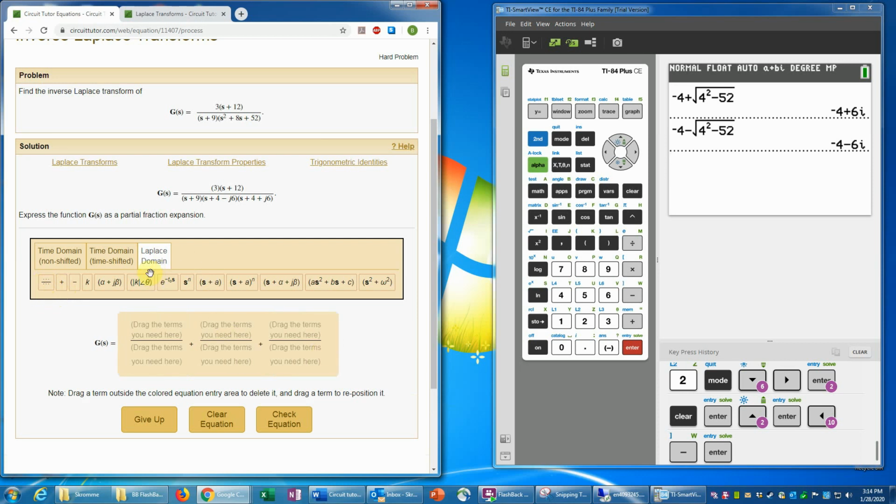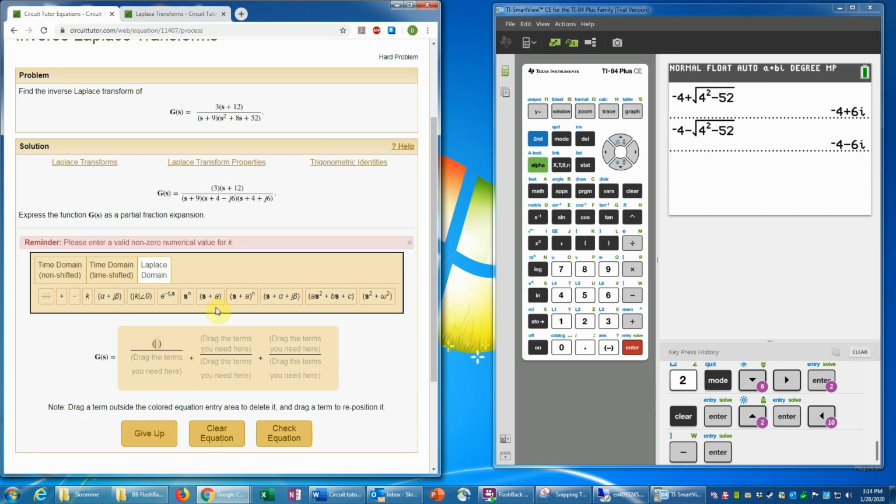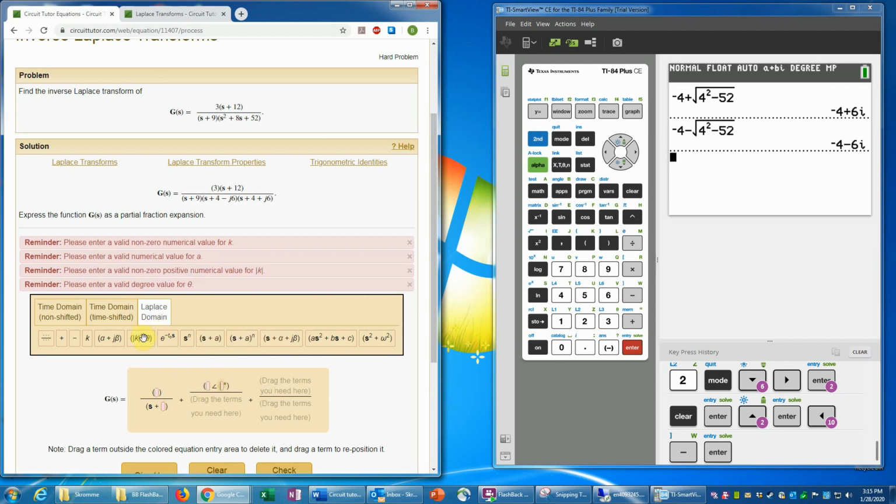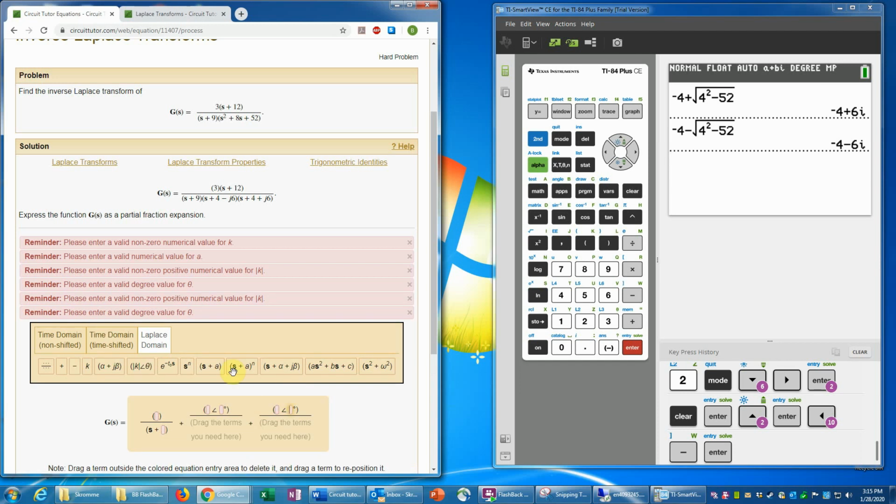And then for the first one, the s plus 9 term, I need a real constant, and then I'll have an s plus a there. And then for the second term, now I'm going to need a complex constant, and I want it to be in the polar form for ease in using the formula as I showed in the last example. So I'm going to put a polar form there and another polar form constant here. These are complex constants.